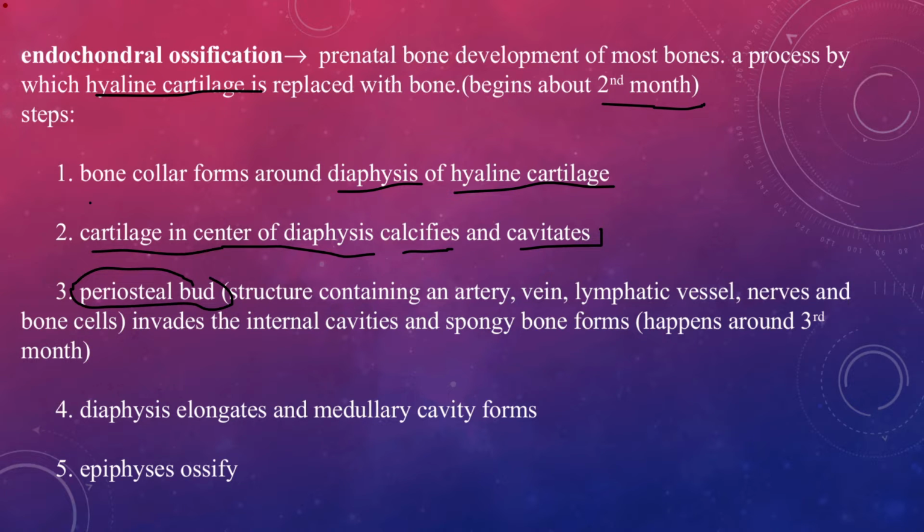And that bud is going to have blood vessels, lymphatic vessels, nerves, and that's about the 3rd month. And then the diaphysis is going to elongate. We get our marrow cavity or medullary cavity. And then the last step is the ossification of the epiphyseal ends.